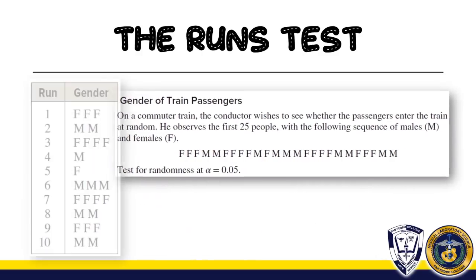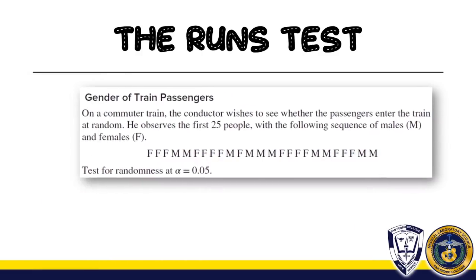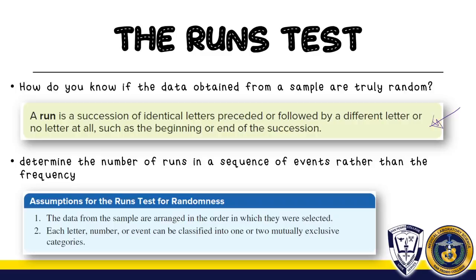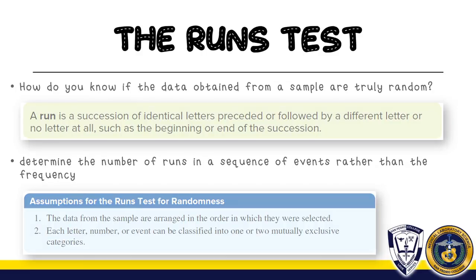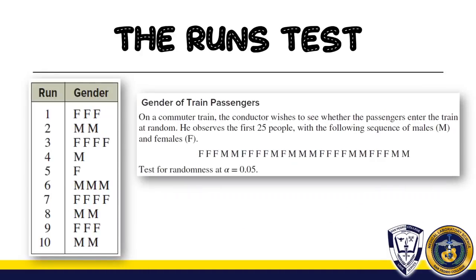So let's proceed. Now, this is the run that we are talking about. Earlier, how did we define that one? Let me go back. Run is a succession of identical letters preceded or followed by a different letter or no letter at all, such as the beginning or end of the succession. Now, how will you know if this is a certain run? It goes like this. The sequence here is based on this.